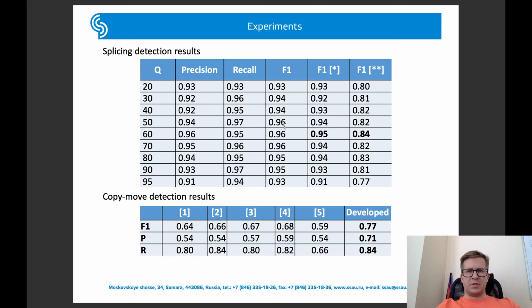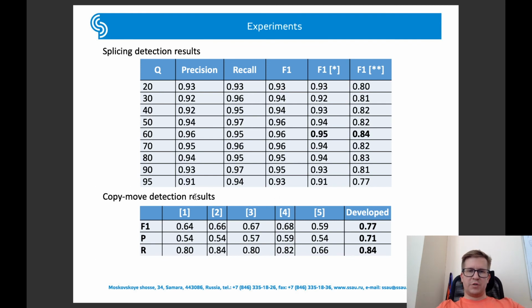Speaking about the results of experiments, we provide here several results. For splicing detection, this is a comparison of 3 algorithms. The links are presented in the paper, and you can find more information about the algorithms used here. But you can see that the deep learning approach, which is in the middle column, provides better results, a little bit, but still it provides better results for splicing detection.